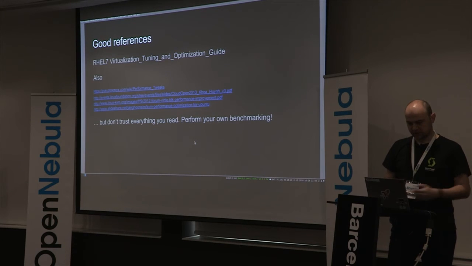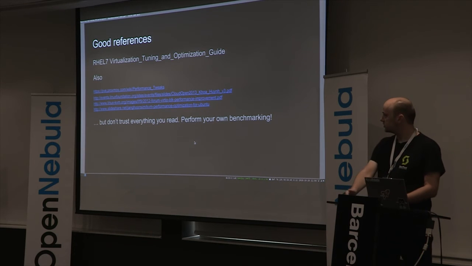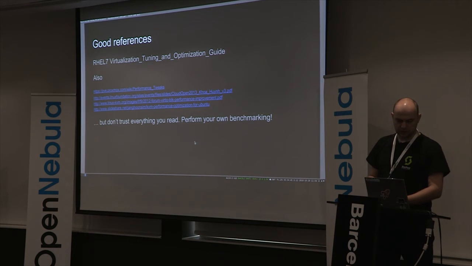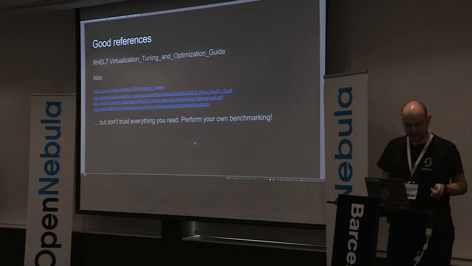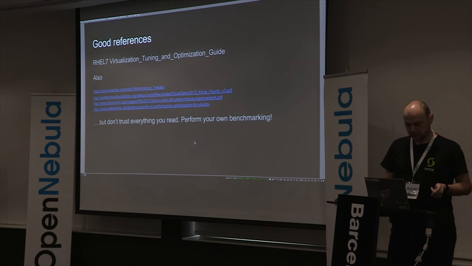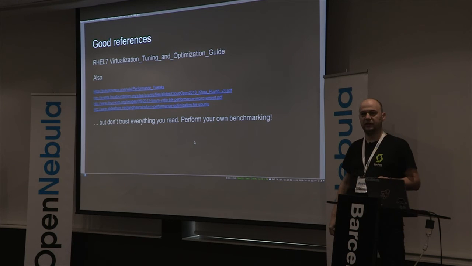A good reference for the next step, which is operating system and virtualization optimization, is Red Hat's virtualization tuning and optimization guide, and I've also included some other references in the slides. Another note here, please don't do this blindly.